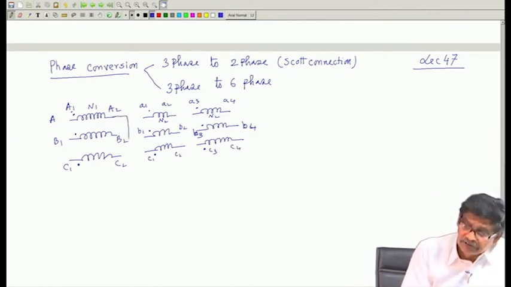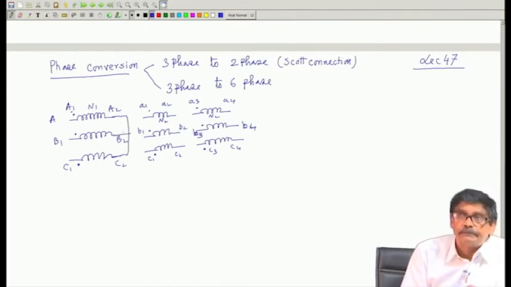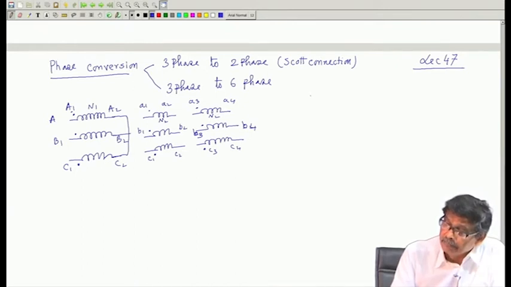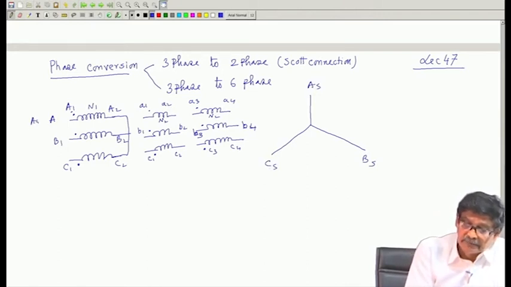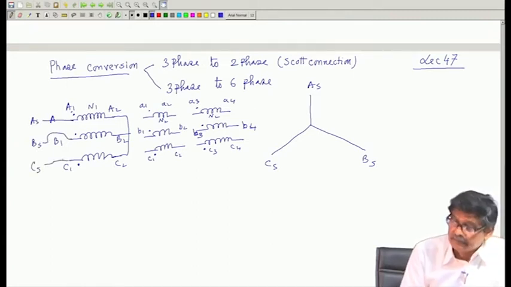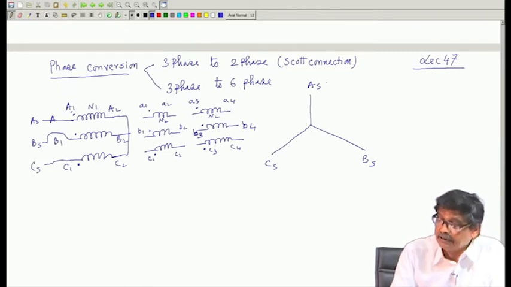And what you do is this: you connect the primary in star. I know the phasor diagram. The phasor diagram on the primary side will be the supply AS, BS, CS, and AS is nothing but A1, B1, C1 and A2, B2, C2.